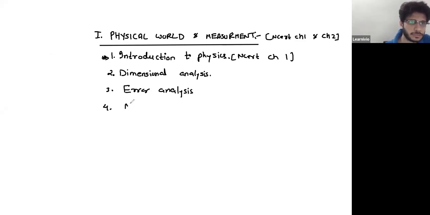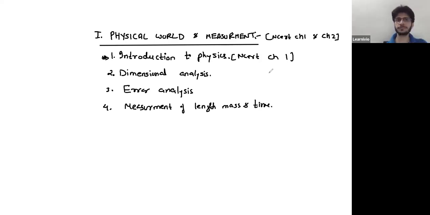And the fourth one is measurement of length, mass, and time. So these are the 4 chapters, and they are basically included in chapter number 2 of NCERT. So I'm not starting with introduction to physics. I'm rather starting with dimensional analysis.